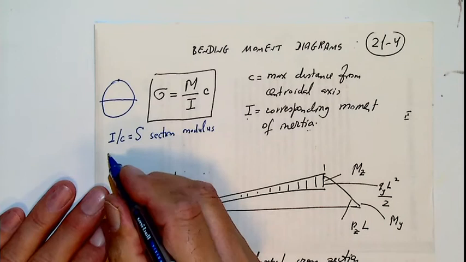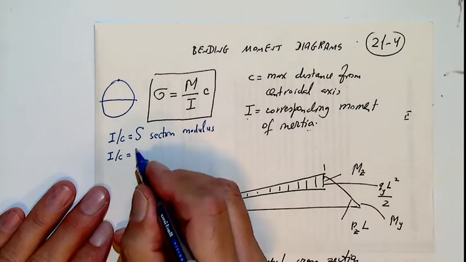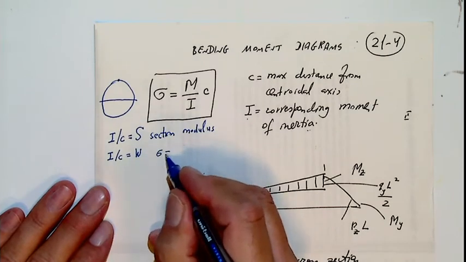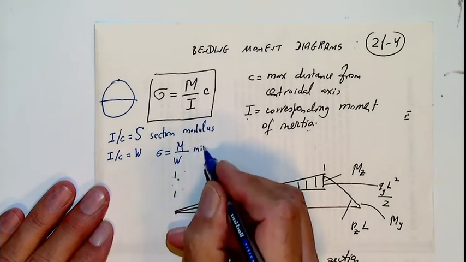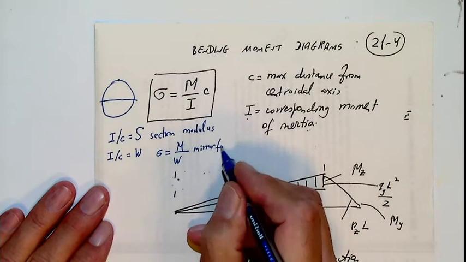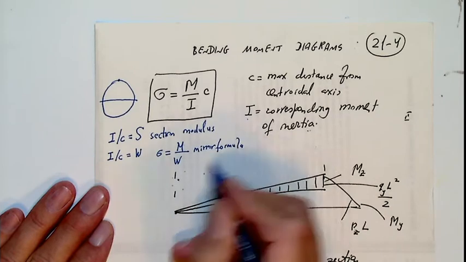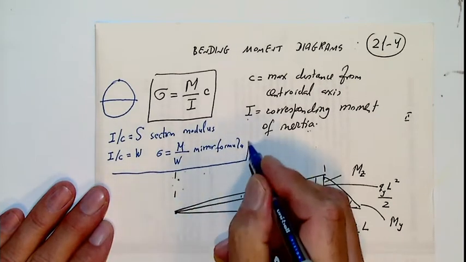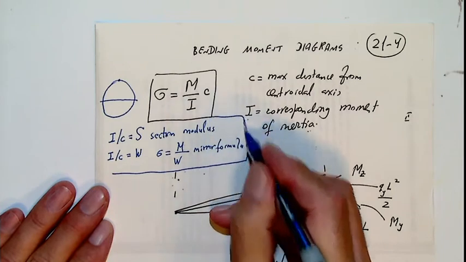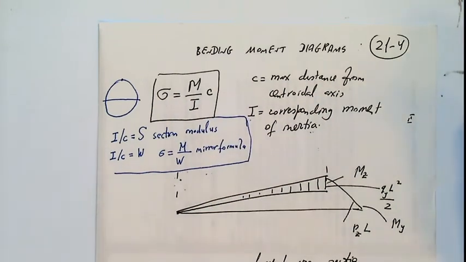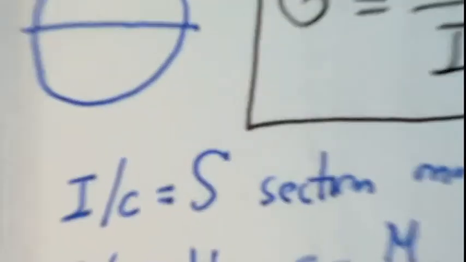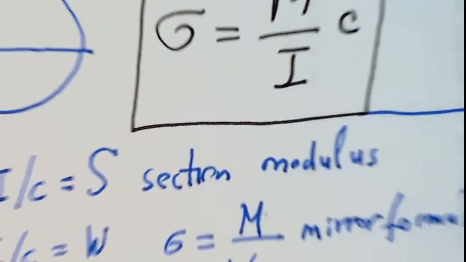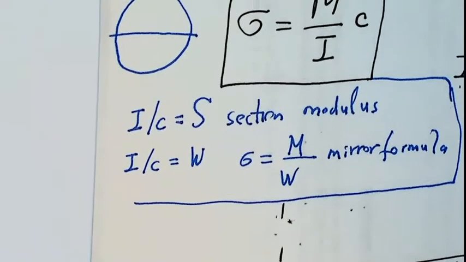In German literature, it is denoted by W, and then sigma equals M divided by W, which is a mirror formula. The mirror formula is good to remember because it helps you to remember this form. It is the simplest possible way of writing this formula, so to say.